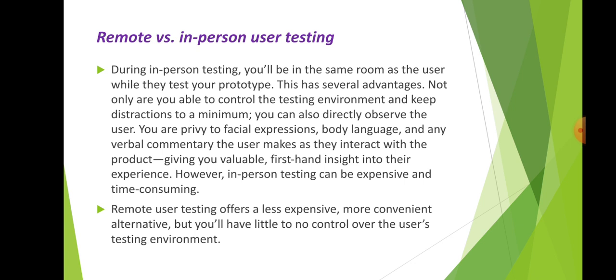So the first method, in-person or remote user testing, means that during this method, you will be in the same room as the user while they test your prototype. This has several advantages. Not only are you able to control the testing environment and keep distractions to a minimum, you can also directly observe the user.